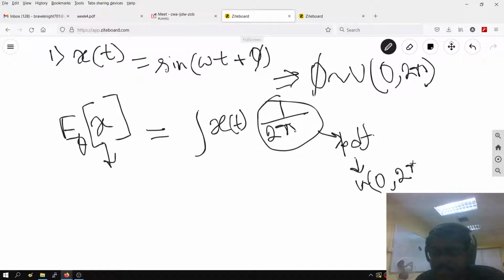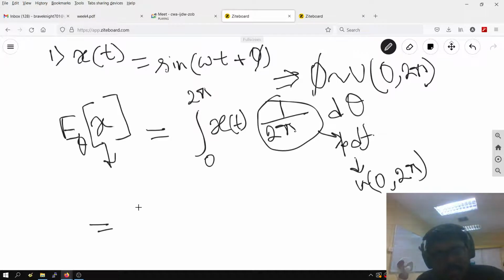The 1 over 2 pi, and the integration will be over theta, and the limit will be 0 to 2 pi. So this can be written like this: 0 to 2 pi, and x(t) is sine of omega t plus phi.